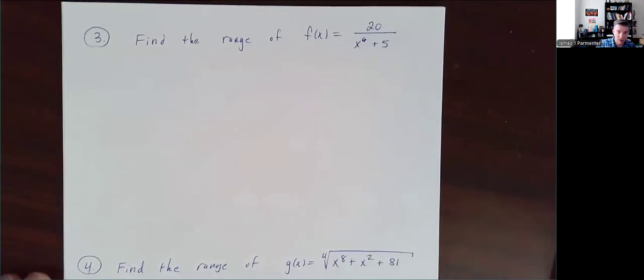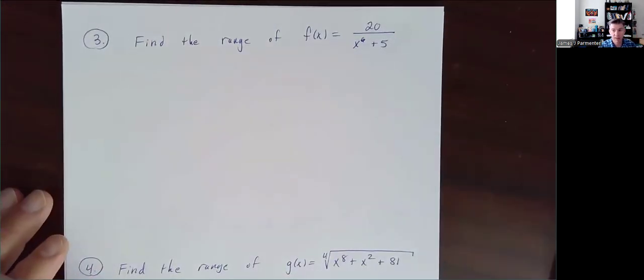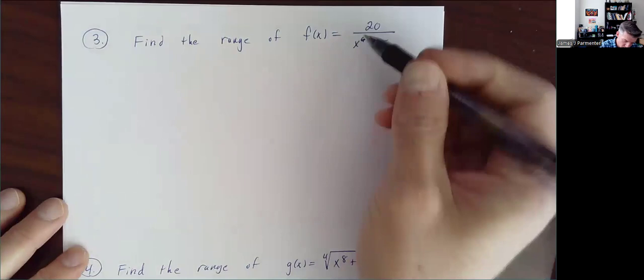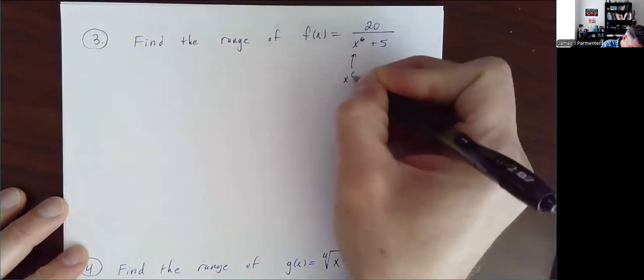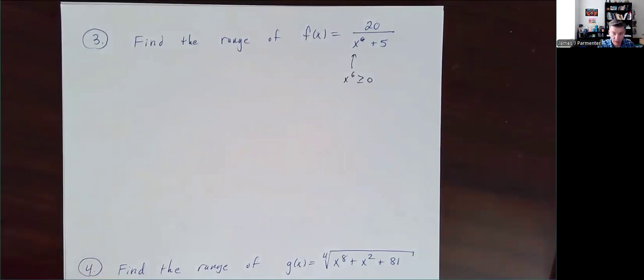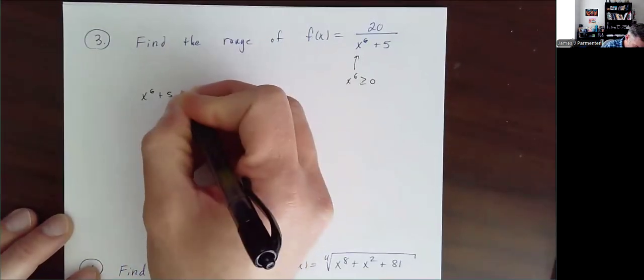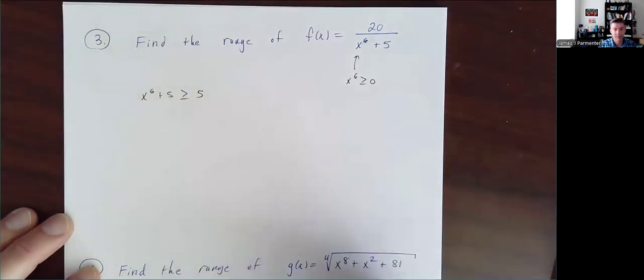Find the range of 20 over x to the 6 plus 5. I'll point out two things here. x to the 6 plus 5 is something that's always greater than or equal to 0, because x to an even power is never negative. So I know that my whole denominator, x to the 6 plus 5, is always going to be greater than or equal to 5.